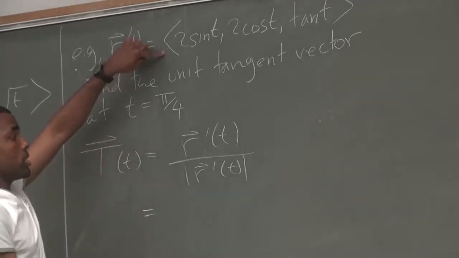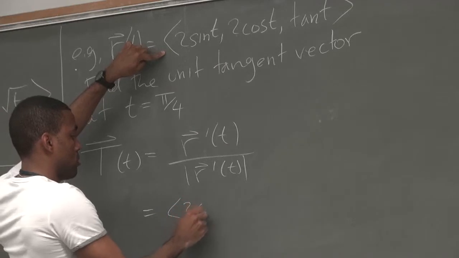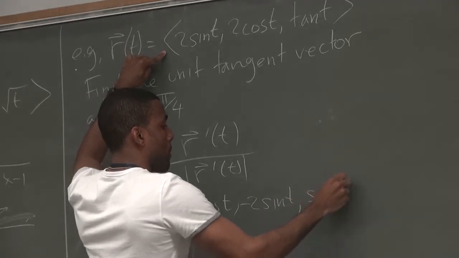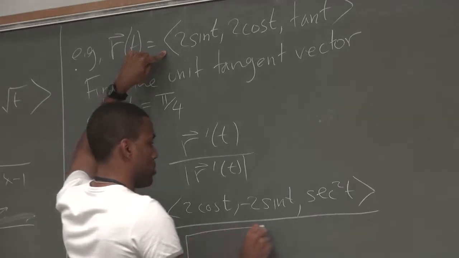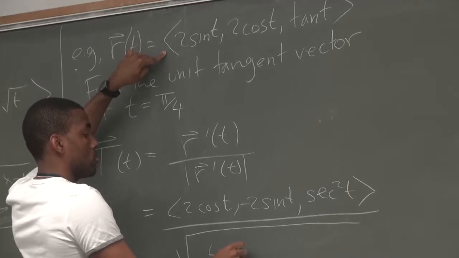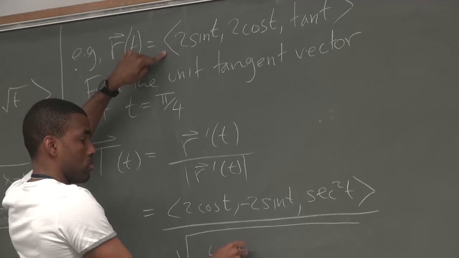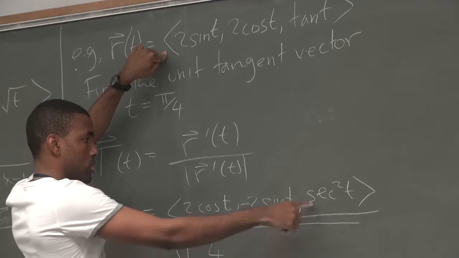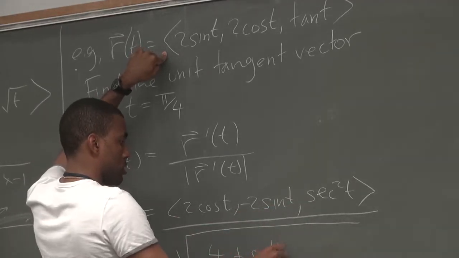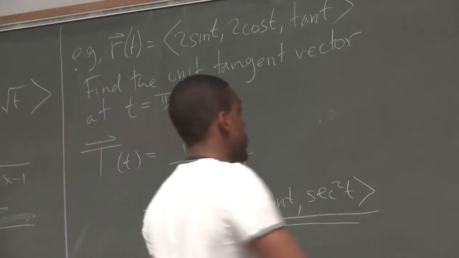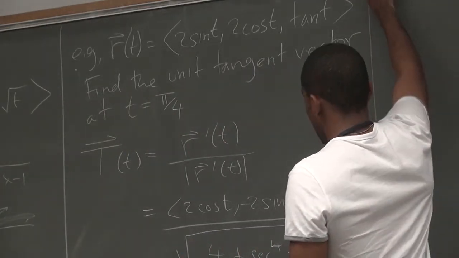So this means we find the derivative of this guy, and the magnitude is going to be 4 cosine squared plus 4 sine squared, which is just 4, plus the rest. That's the unit tangent vector, right?